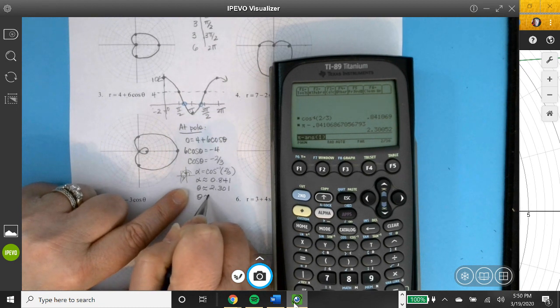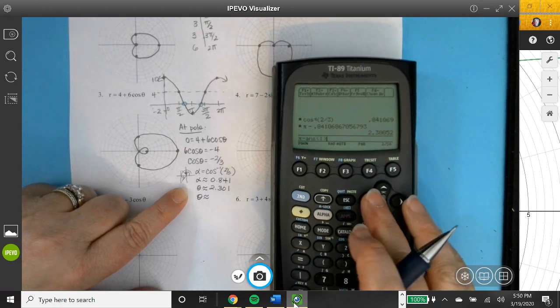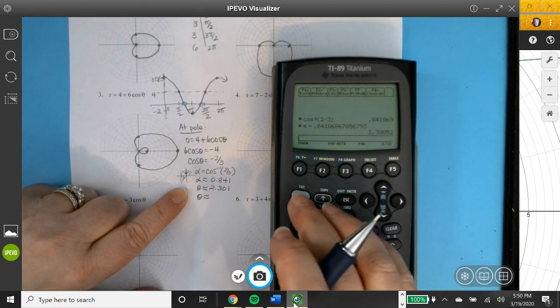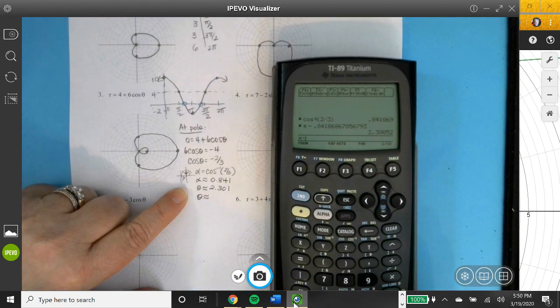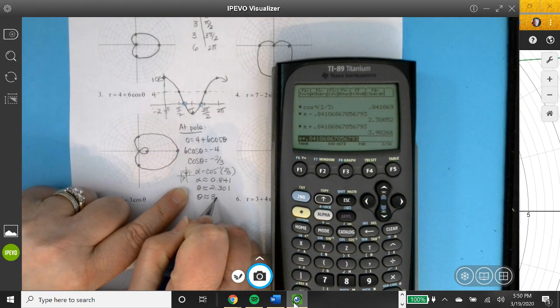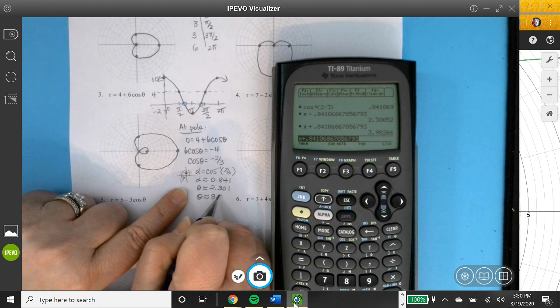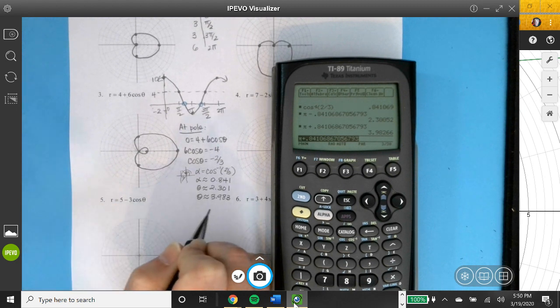And the second theta is going to be pi plus that. So I'm going to grab this right here, clear this, and second pi plus, go up here, grab my answer, and we get 3.983. My eyes are going bad.